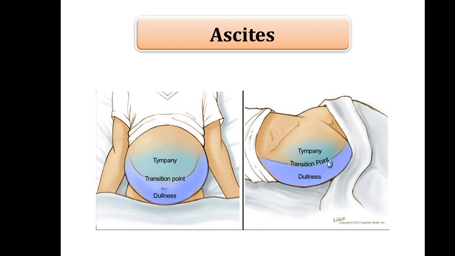And if fluid is accumulated, of course, when the patient lies on the back, the fluid moves, and also you can find this transition point, above which will be tympany sound, and below will be dullness sound.